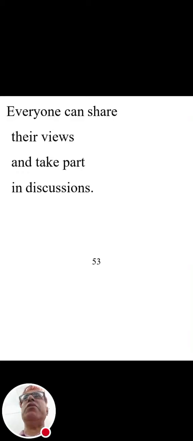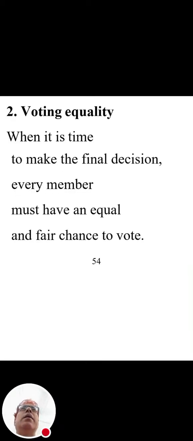But if some of the communities are excluded, it is not democracy. Everyone can share their views and take part in discussions. It is the first criteria, effective participation.